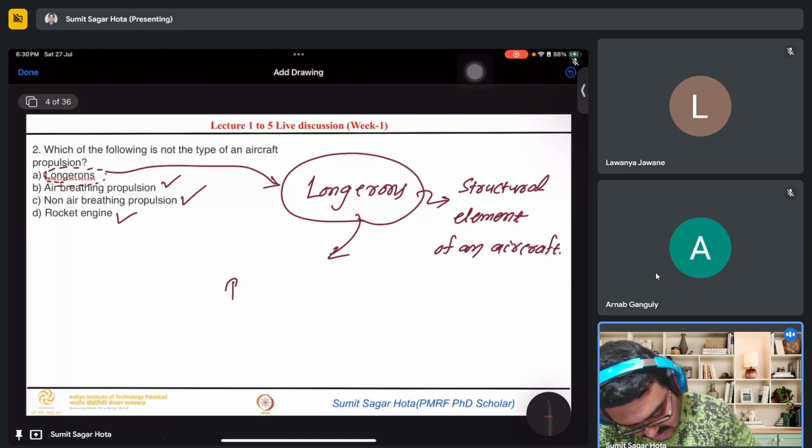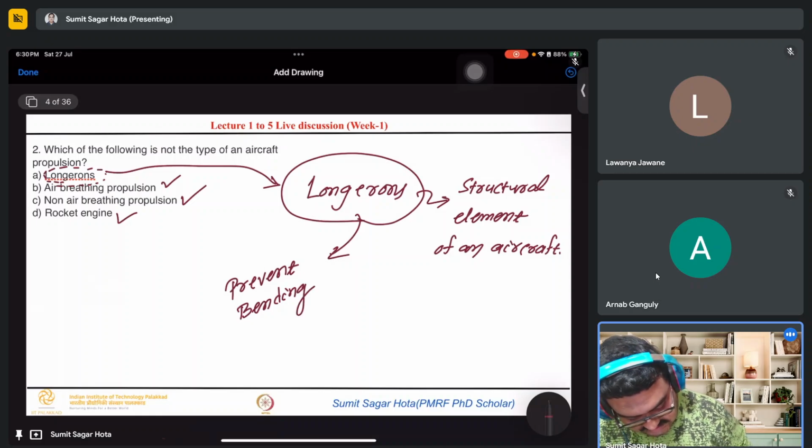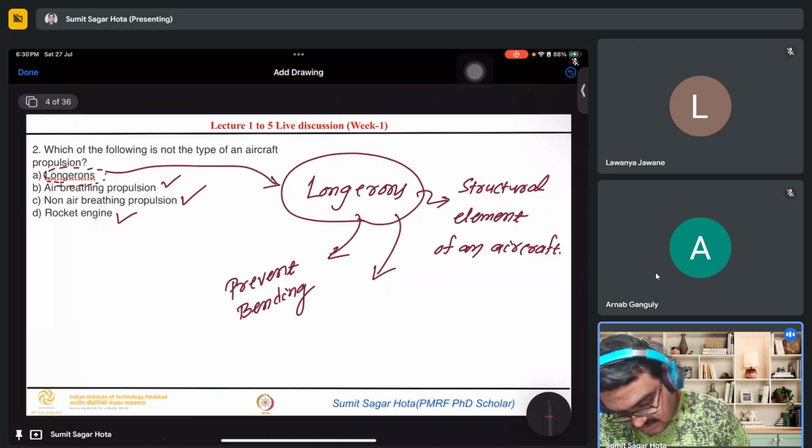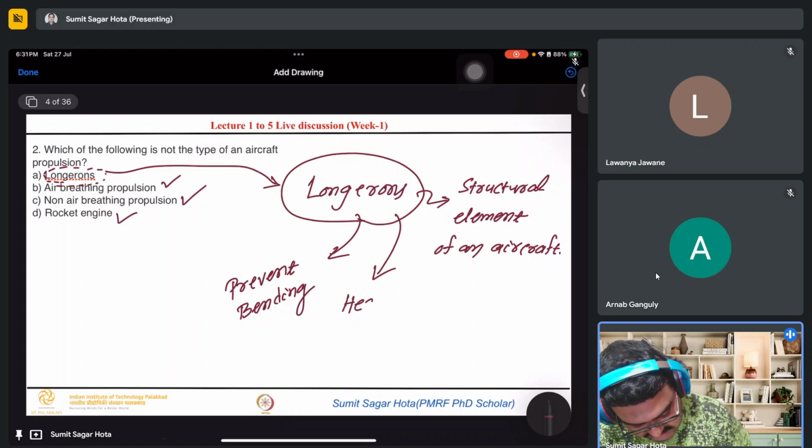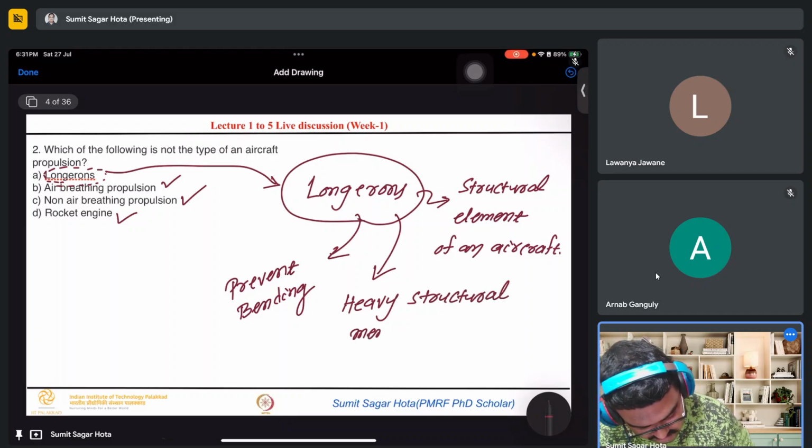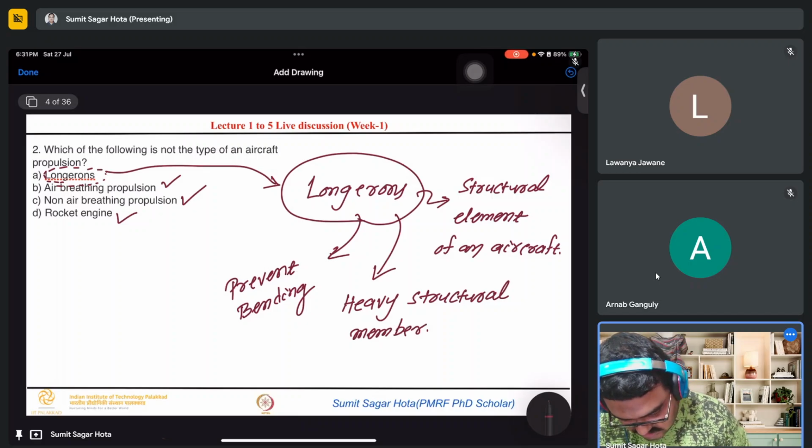Longerons are helpful in preventing the bending of the aircraft. Since it prevents bending in the system, it is obviously a heavy structural member that runs straight along the middle of the aircraft. So the answer is A.